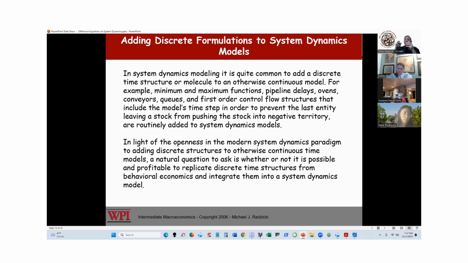Can we identify what others have identified that people actually do, and put those structures into our models in a manner that would be acceptable to a mathematically oriented psychologist or a behavioral economist? And how do you do that?